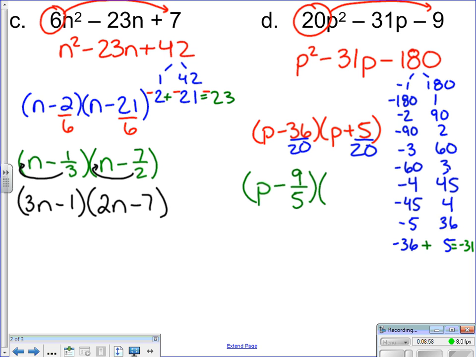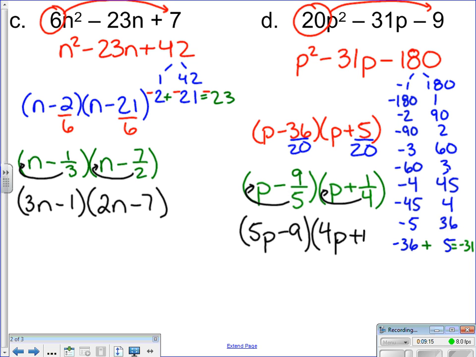And 5 over 20 will reduce to 1/4. Now slide your denominators up. So we get 5p minus 9. And slide the 4, 4p plus 1. And those are the factors.